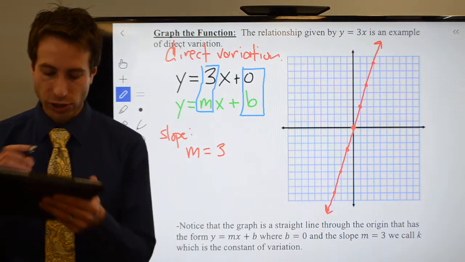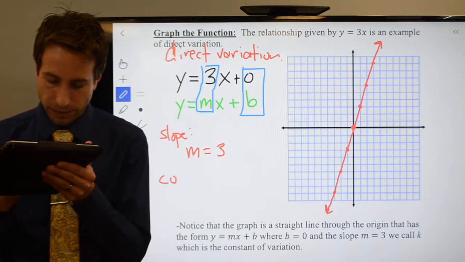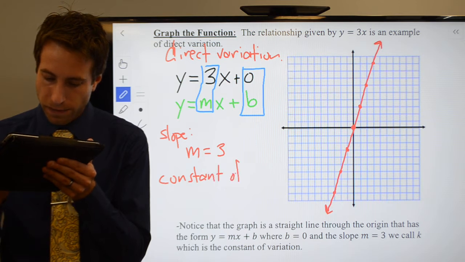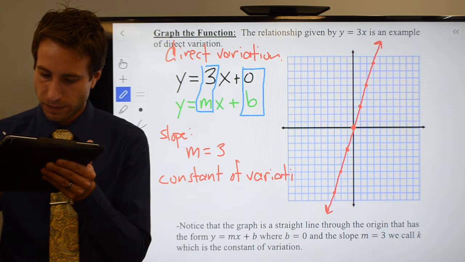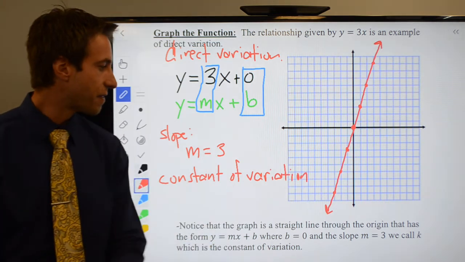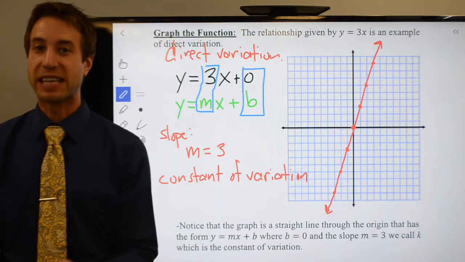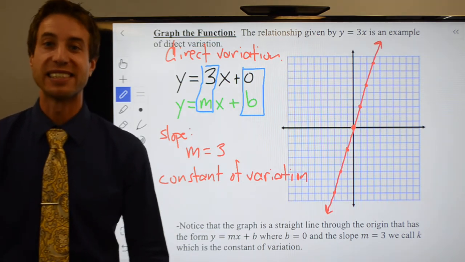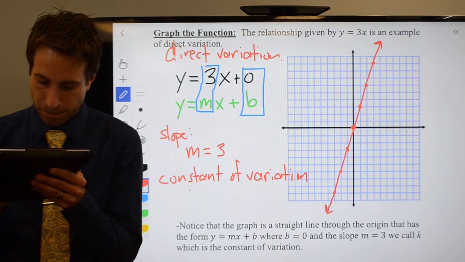We're going to call it the constant of variation, and instead of giving it the symbol m, which is for slope, we're going to give it the symbol k.